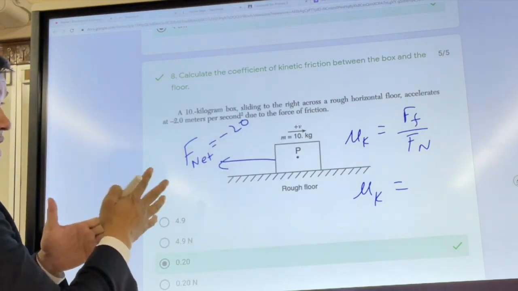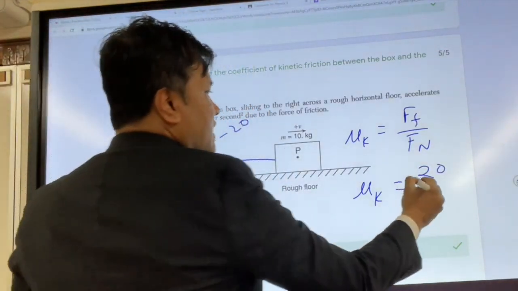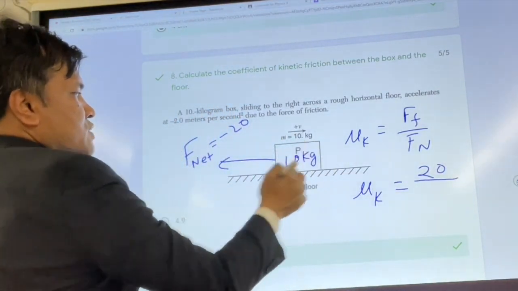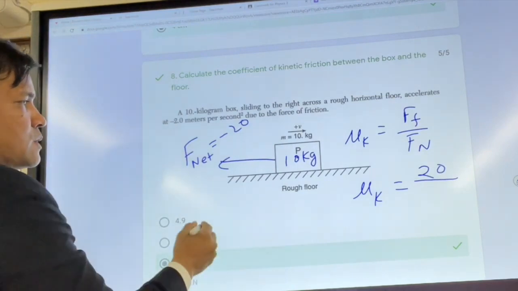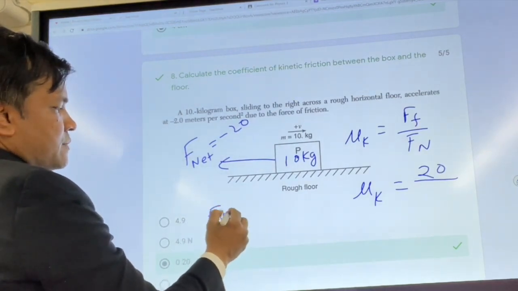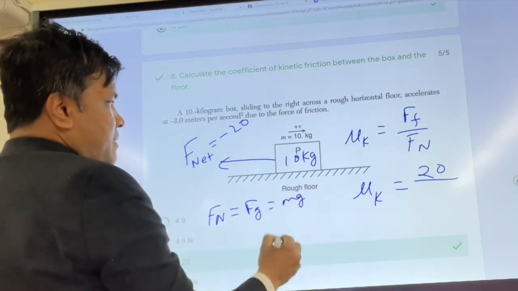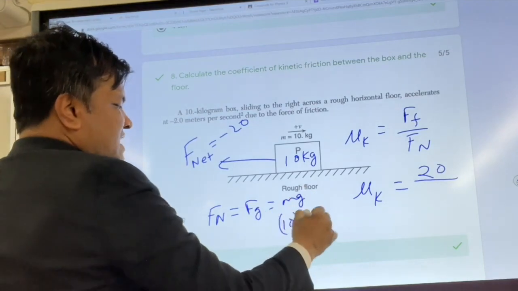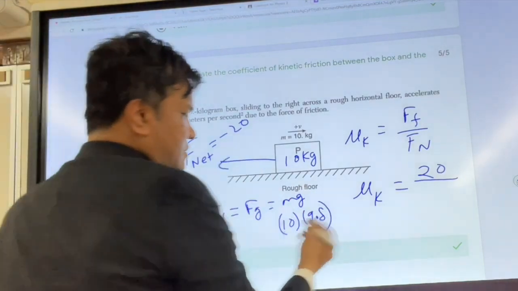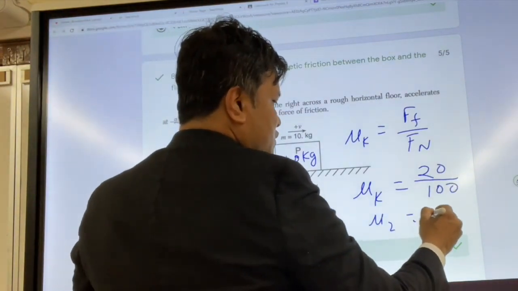You take the absolute value. And Fn, of course, this is a 10 kilogram object, so Fn is mg, which is 10 times 9.8. So we can say 100. So mu k is 0.2.